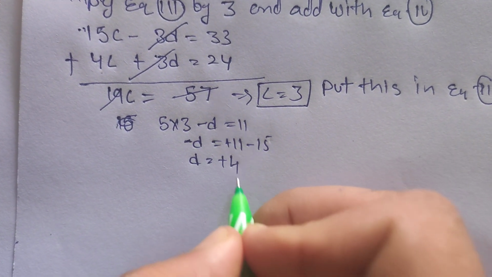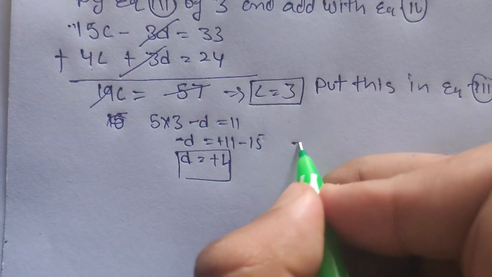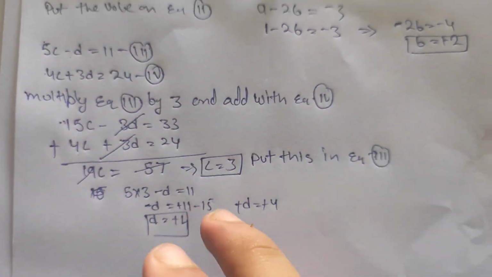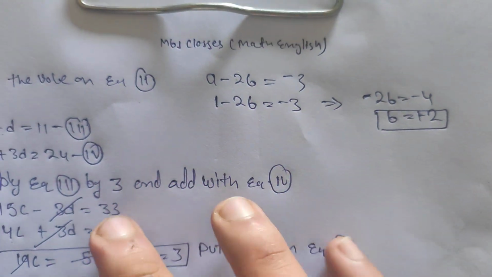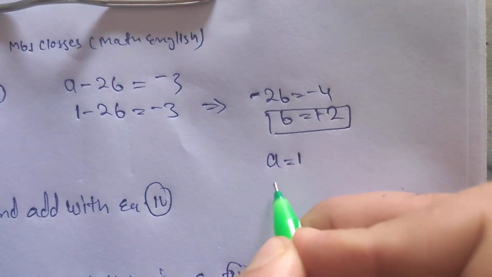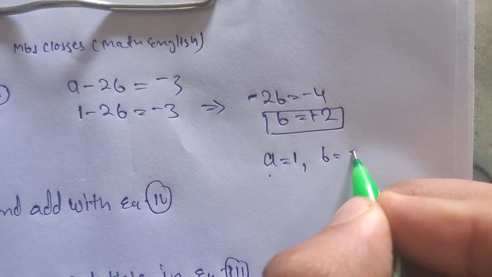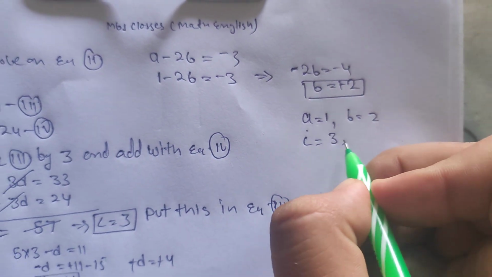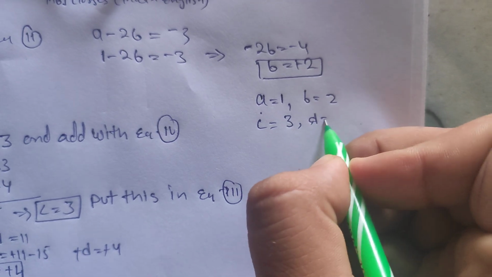It is 4, because minus d becomes minus 4, so the signs cancel out. Okay, a, b, c, d. So our answer is a becomes 1, b becomes 2, c becomes 3, and d becomes 4.